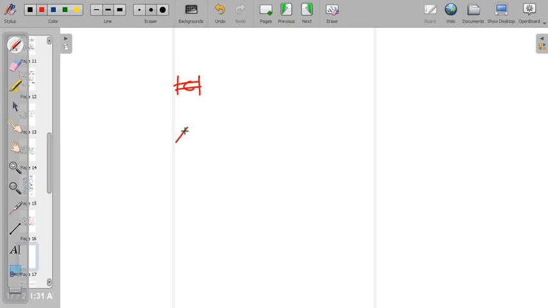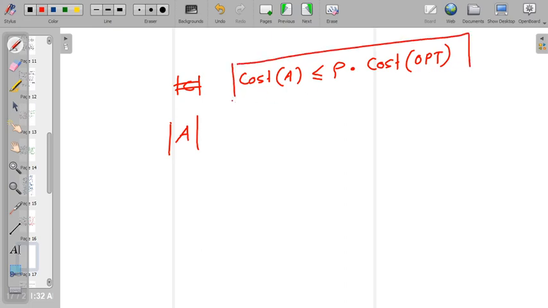So our approximation algorithm, say we name it A. Then the cost of our algorithm, in our vertex cover problem, is denoted by the cardinality of A. So we have to prove that the cost of A is at most rho times the cost of opt. This is the general statement we have to prove.